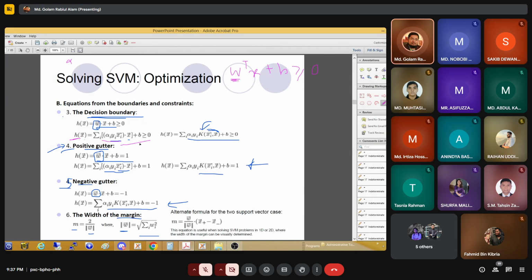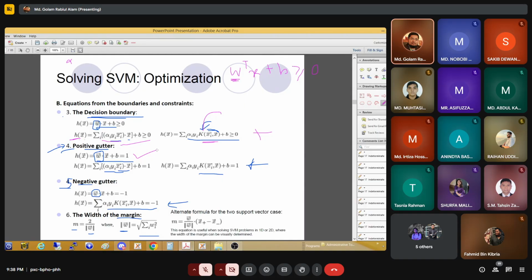And as we can see, that is the xi and x. We can rewrite it utilizing the kernel function, kind of the multiplication, or we can say transformation. Here is the xi and x plus b. So we can rewrite it this way. Similarly, the positive hyperplane is W transpose X plus B equals 1.